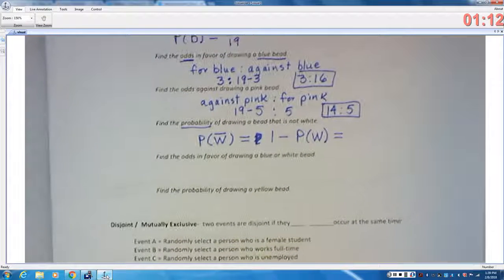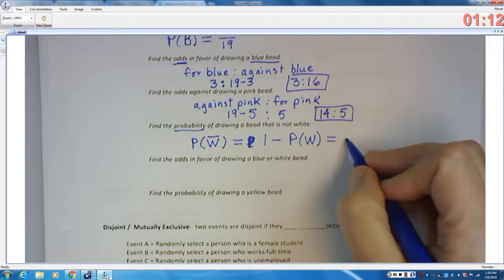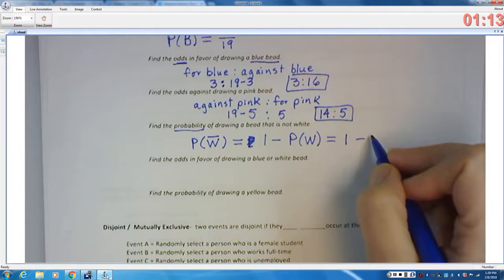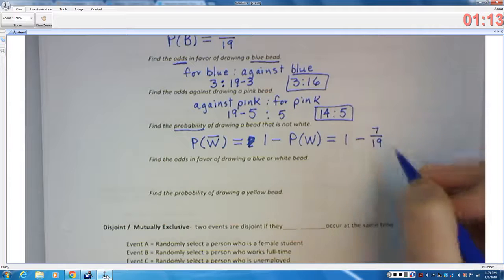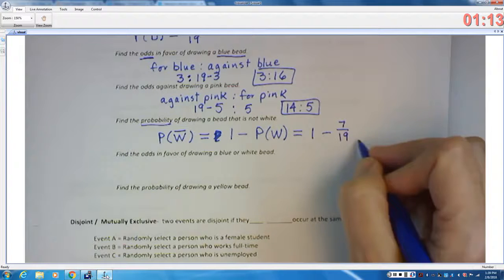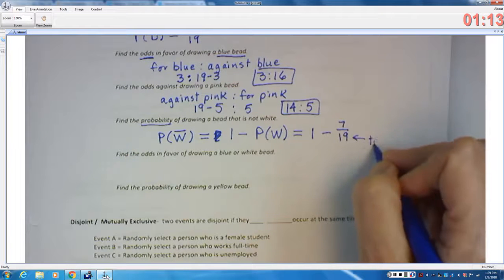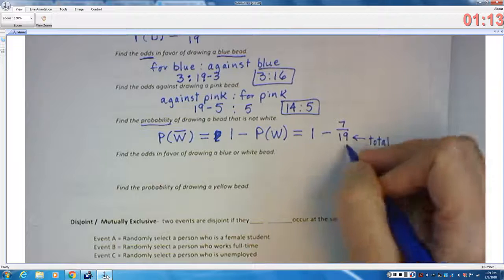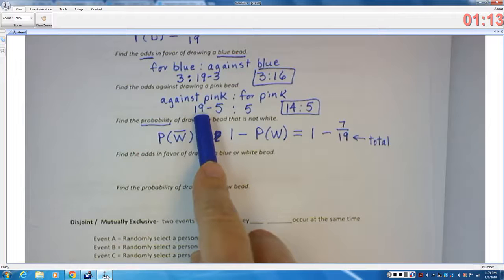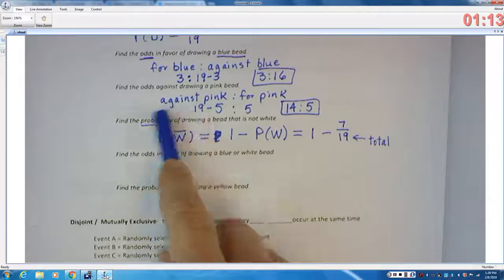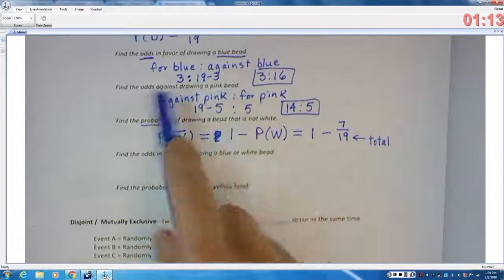How many white beads are there? 7, and there's 19 total. So for probabilities, you use the total in the fraction. For odds, it's for and against, or against and for, depending on what was asked.